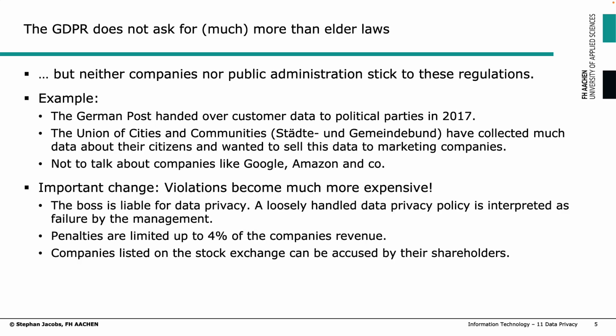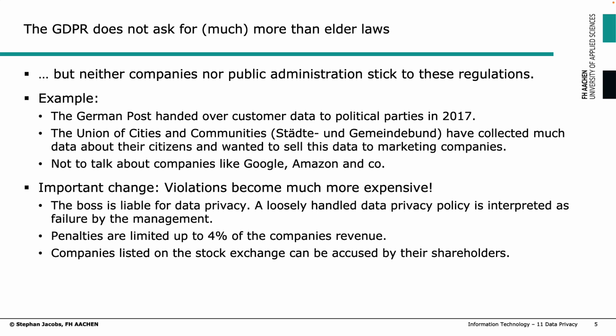That doesn't sound like too much, and actually most of these regulations had been in place before. But due to a very fast development of IT, neither companies nor public administration stick to these regulations. Actually, many of these regulations were really not present in companies.